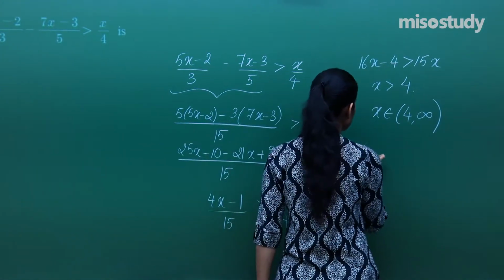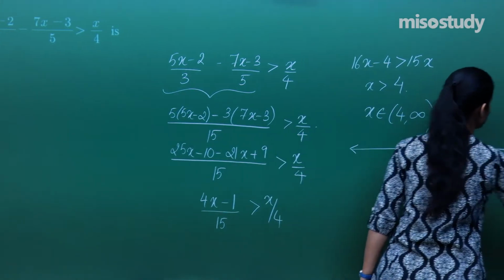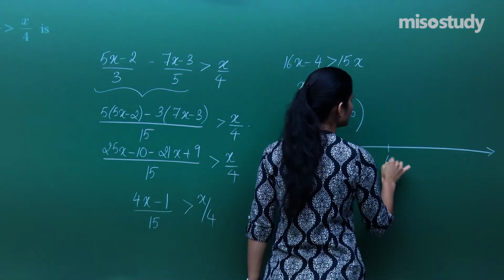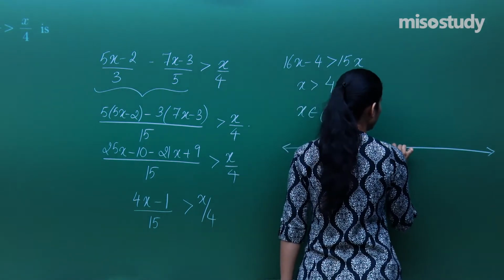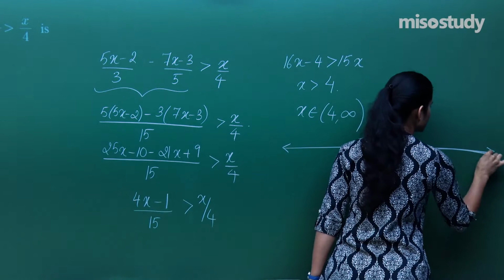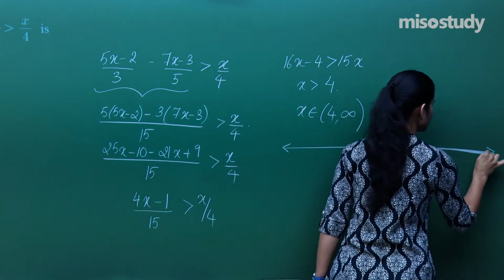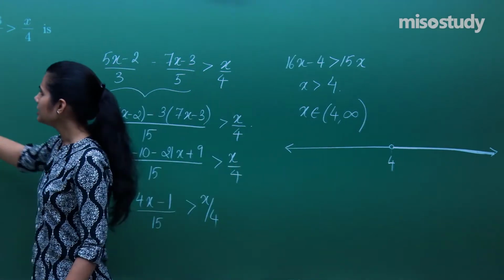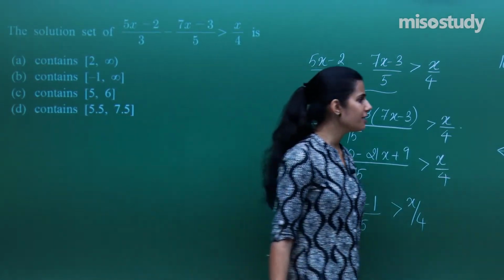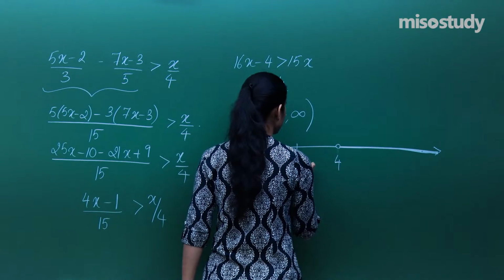So if I talk about the solution set, somewhere here is 4, then a hollow circle at 4 up till infinity, this is the solution set. Now it is saying it contains (2, infinity). Now 2 comma infinity begins from somewhere here.